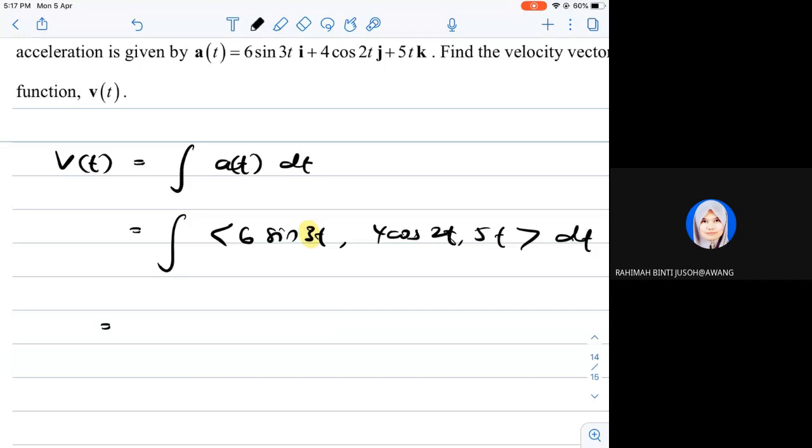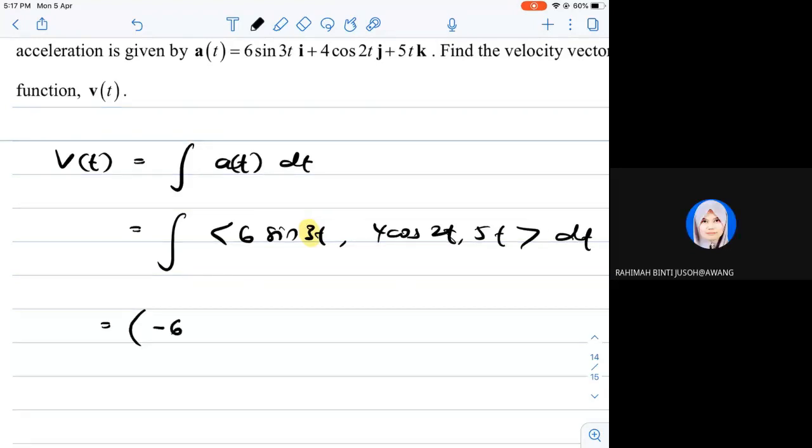Bawah. Okay, integrate sin dapat apa? Positif atau negatif cos? Negatif. Yes, negatif cos 3t over 3. Kalau differentiate bawa ke depan, tapi kalau integrate bawa ke bawah coefficient dia, plus C1 i.